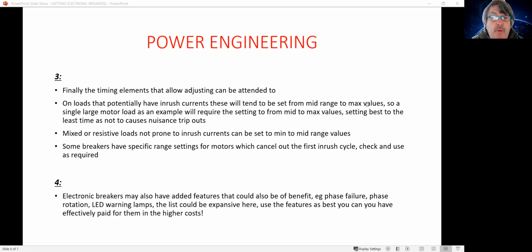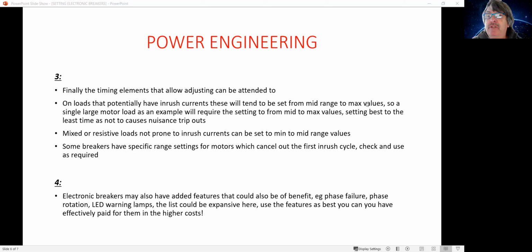And then step 4, there's obviously electronic breakers offer you a huge amount of additional benefits. Now here I'm talking about things like phase failure, phase rotation, LED warning lights, and the rest of the features that you could have where you've got those values on your actual settings, and you need to understand what you've got there as you set them.